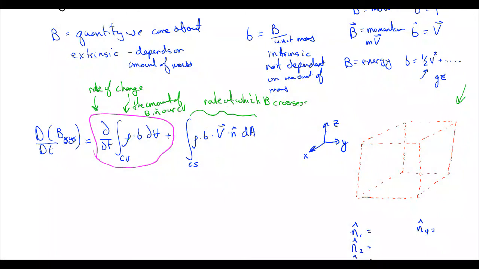Let's say you have a bucket, it's only open at the top. The rate of change of water in that bucket is going to be equal to the mass flux that passes through the open top of that bucket.